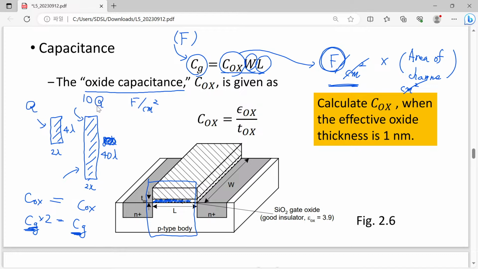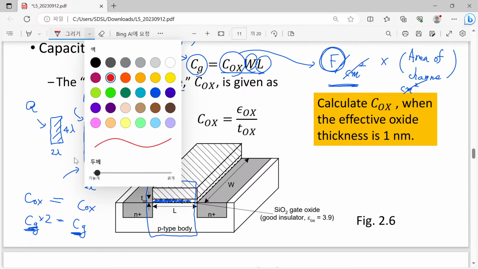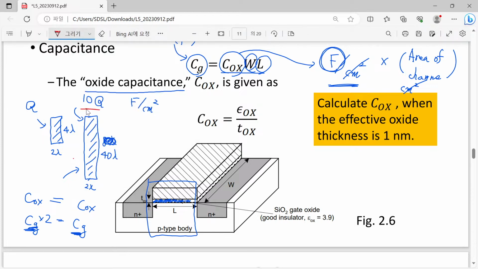Wow! But is it really good or not in terms of the capability to collect electrons? You can easily understand. Although this one has 10 times more charge, it is only possible with 10 times wider space.